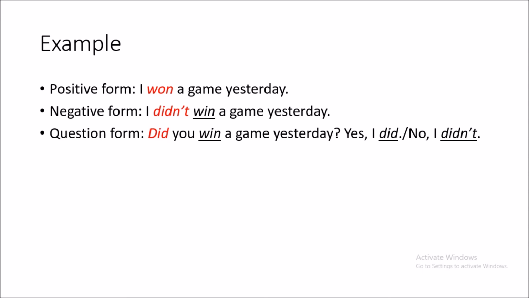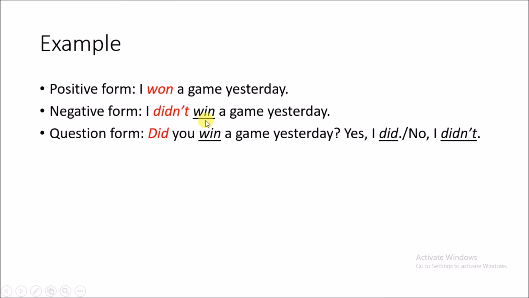Let's take an example. I won a game yesterday. The verb in the past is won, and it is an irregular verb. Here is the expression of time, yesterday. If we want to turn this sentence into a negative form, we use didn't.